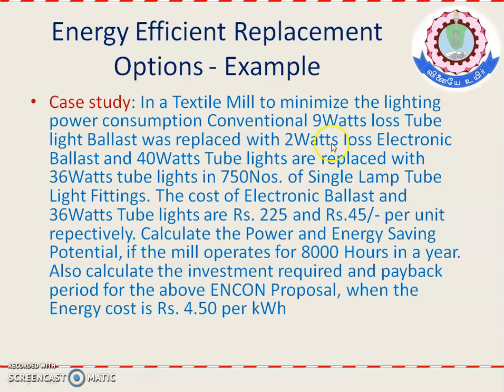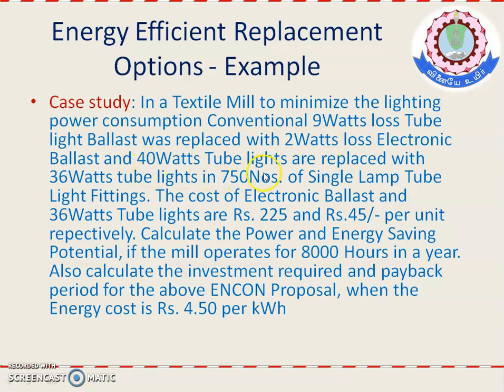It is replaced with a new electronic ballast, which has 2 watts of ballast loss. So the earlier fitted ballast has 9 watts loss, and the proposed new one has 2 watts of ballast loss. That is the thing you need to observe here.